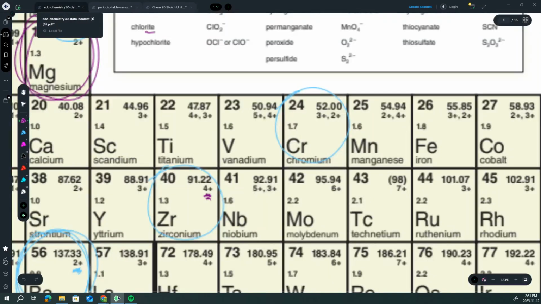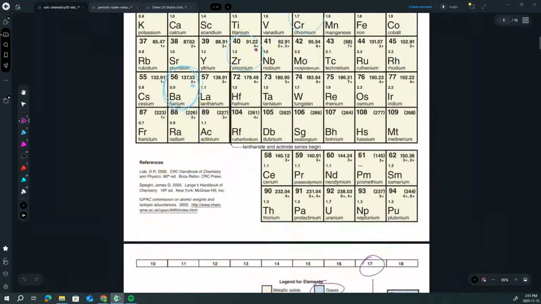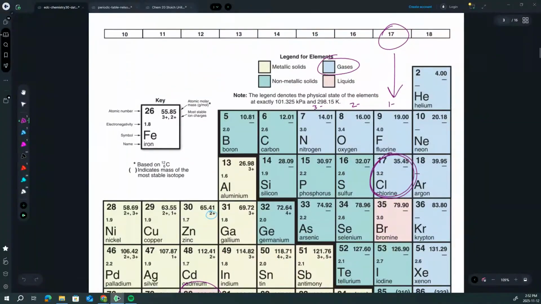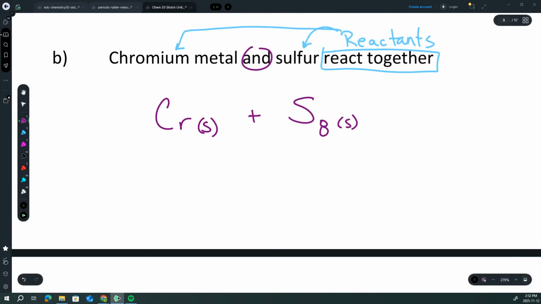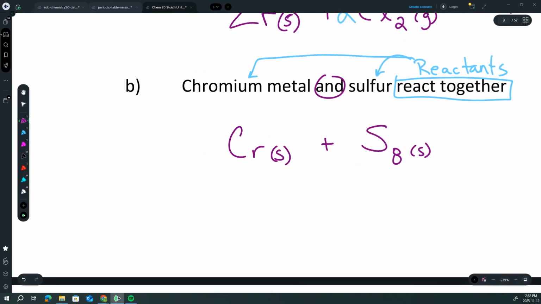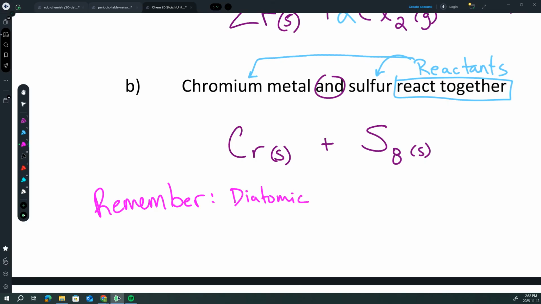Okay, and if we look at our periodic table, sulfur right there is a non-metallic solid. So we can assume at room temperature it is a solid. So I'm going to write a little note underneath here as a reminder. So remember, your diatomics, that's just Hofbrinkel.